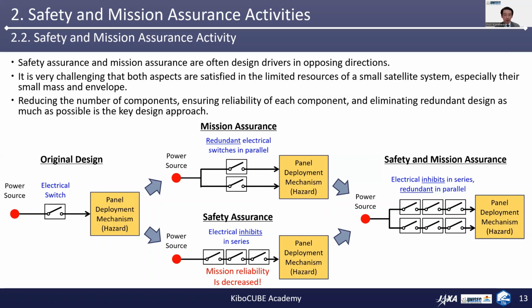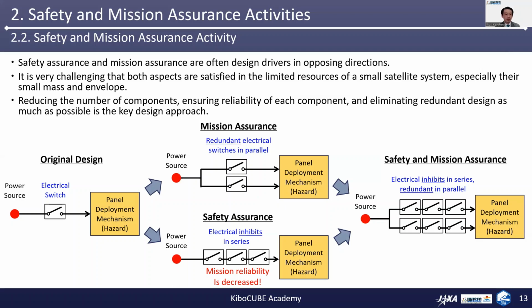However, on the contrary, the safety assurance activity goes in the opposite way. The system engineering activity in safety assurance tries to implement multiple switches in series.